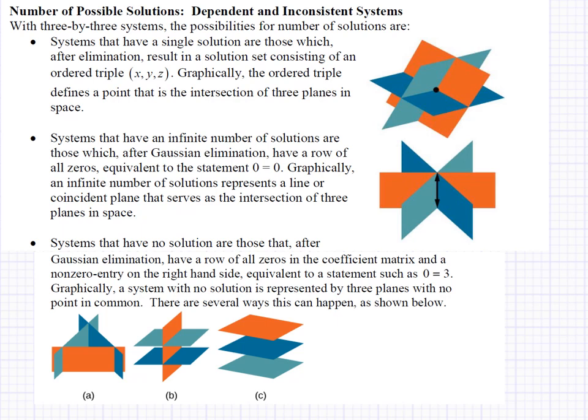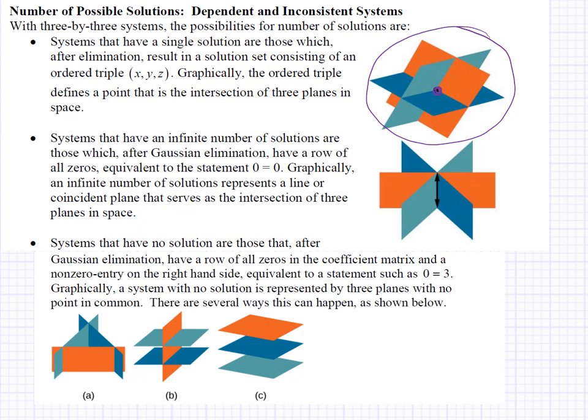One possibility is that all 3 of those planes intersect each other at a single point, which is what we found for our linear systems. That is a possibility, all 3 planes intersect at a single point.